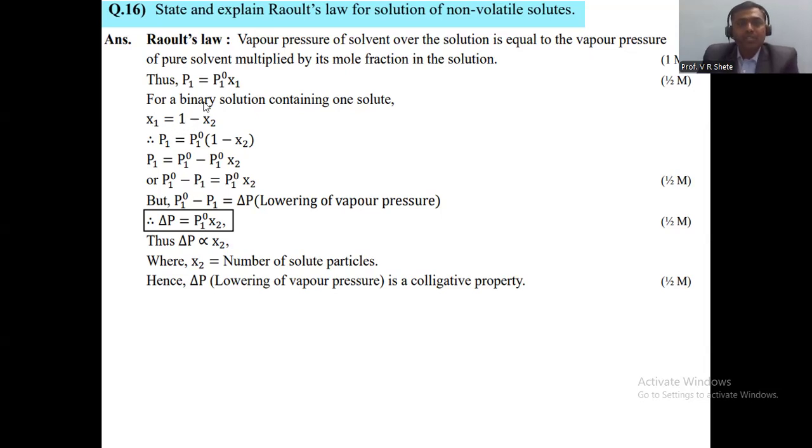If we substitute this value in the above equation, we get P01 minus P is equal to P01 into x2. The change in vapor pressure, that is the lowering of vapor pressure, is P01 minus P1. Here x2 is the mole fraction of the solute. In this equation, generally two terms are used for the solute and one term for the solvent.